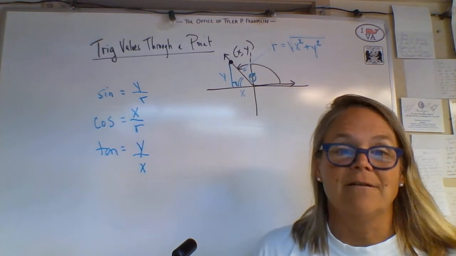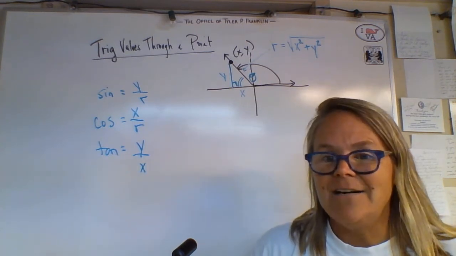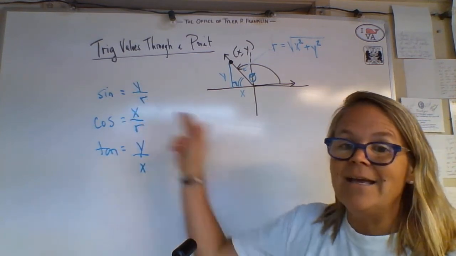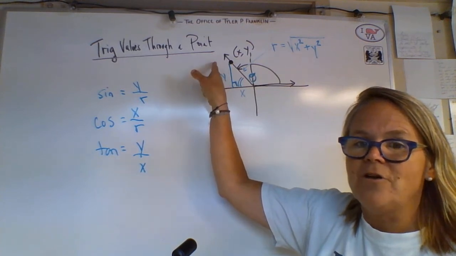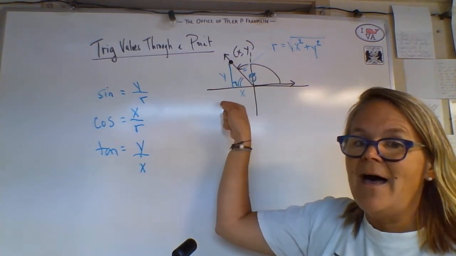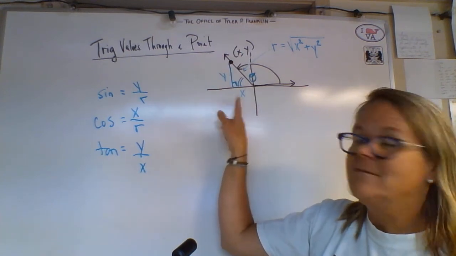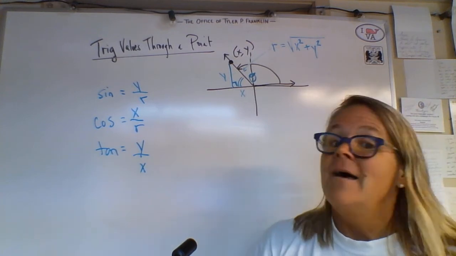Those flip. The thing that is different now is that these can be negative, because if you think of a point in the second quadrant, you went left and up. That's going to be negative, which means that x is negative.